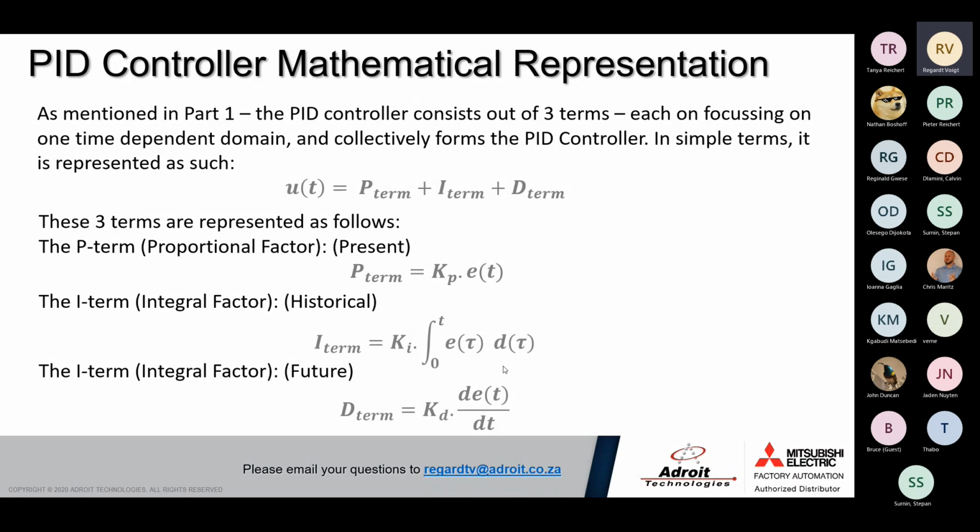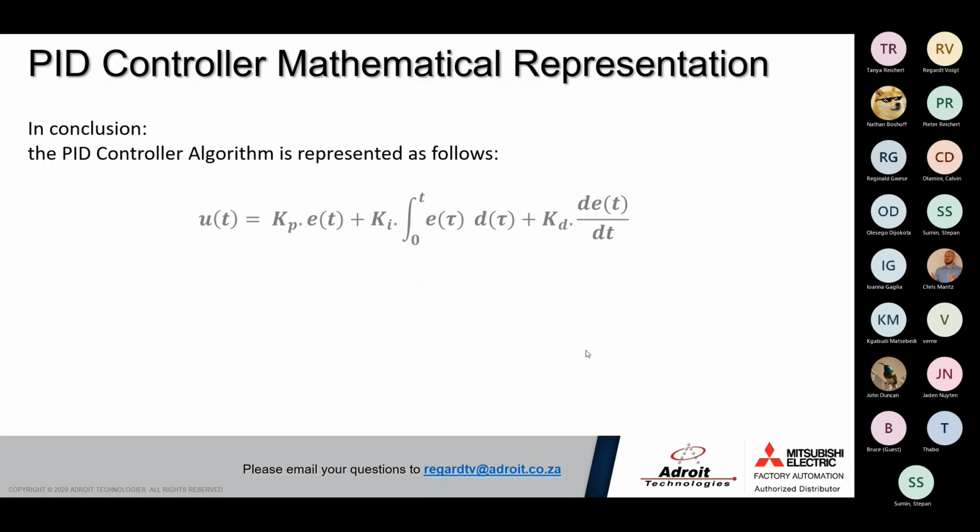And then your D term looks at the future. That will be your D gain. So it looks at your rate of change. We did discuss this in part 1, for those who want to refer back to that as a reference later on. So if you add all of that together, that is your formula for PID control.